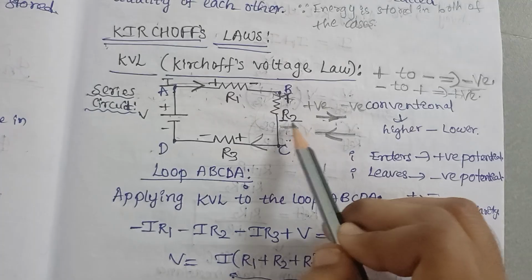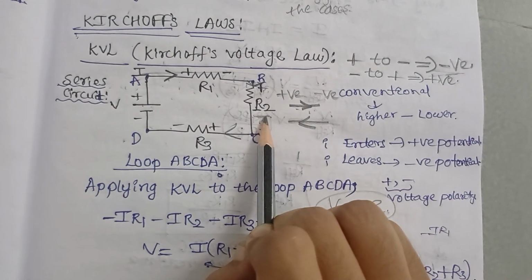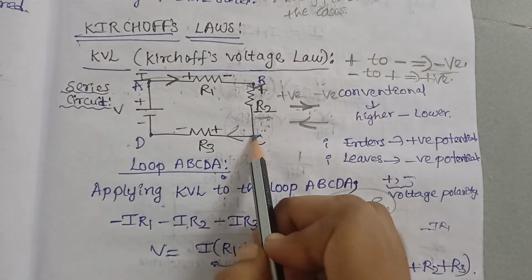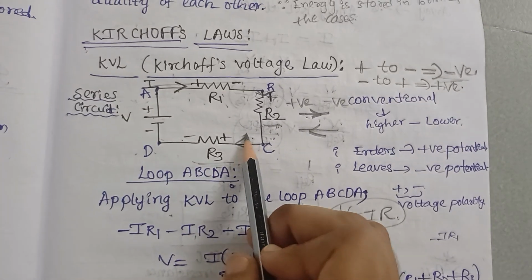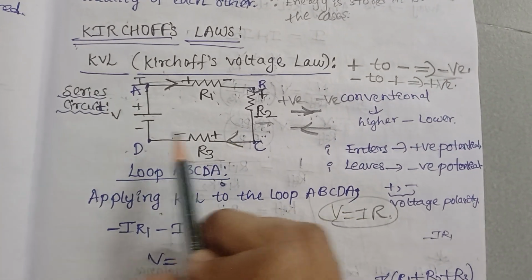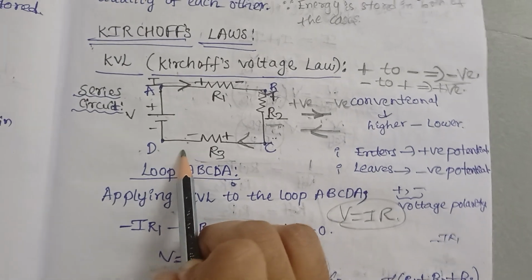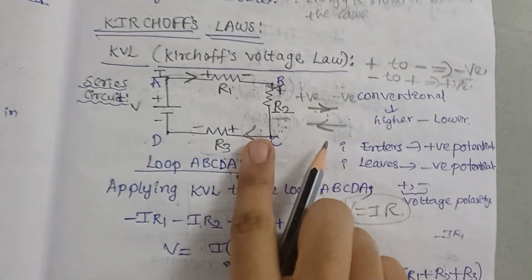The voltage across this resistor is current multiplied by the respective resistance, so it is minus IR2. Since we move from C to D, here you have a resistor R3, and again it is moving from positive to negative, so according to the sign convention it is negative again, as the same current I is flowing throughout the circuit, minus IR3.